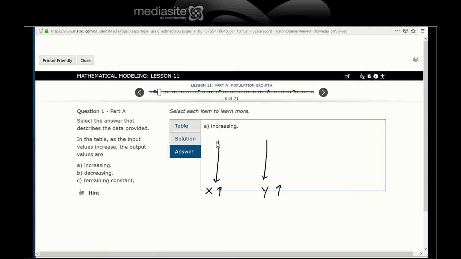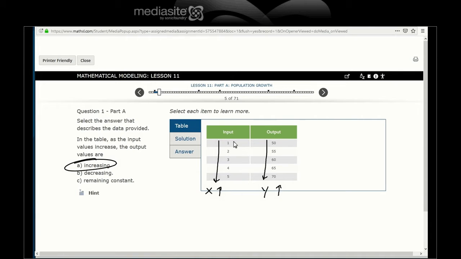Now, let's just make it official here. So again, just look at the table and see as X was increasing, as we went left to right in X, Y was also increasing.